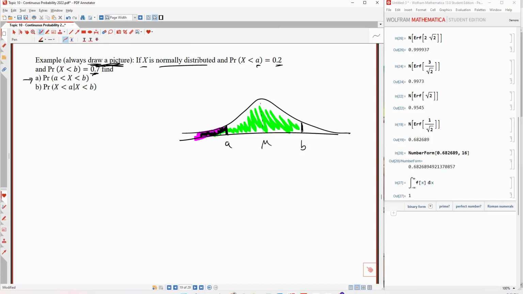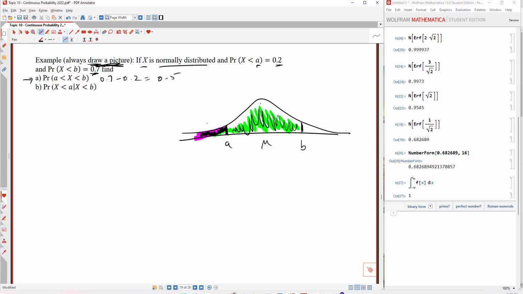So what's the chances it's between A and B? So I want to find this area here. Well, if I know that less than B is 0.7 and less than A is 0.2, then that's going to be just 0.7 take away 0.2 is 0.5. So this bit here must be 0.5, 50% of the values.